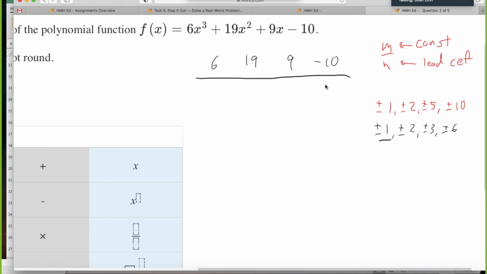We're going to start with our factors up here. So we'll start with 1. Bring the 6 down. 6 times 1 is 6. 19 plus 6, I didn't really need a calculator for that, 25. 25 times 1 is 25. Plus 9 is 34. 34 times 1 is 34. Minus 10 is 24. So that's not it.